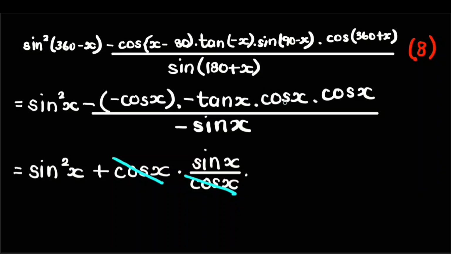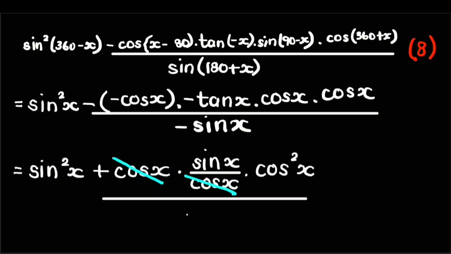We're now left with cos x times cos x, which is going to be cos squared x. And don't forget about the sine x that was in the denominator. Now you also realize that the sine x from the numerator and the sine x from the denominator cancel out as well.